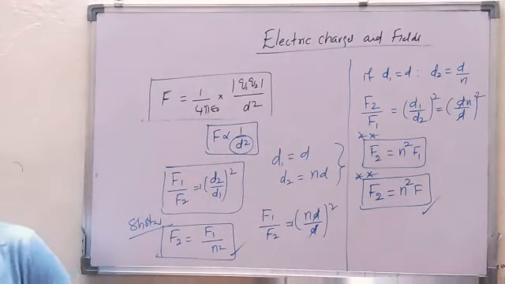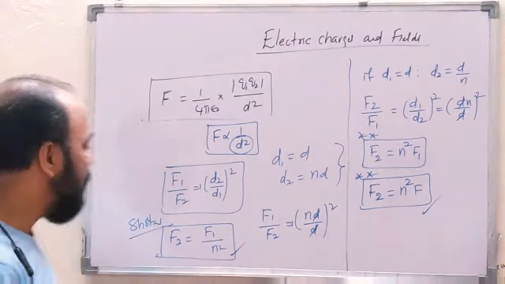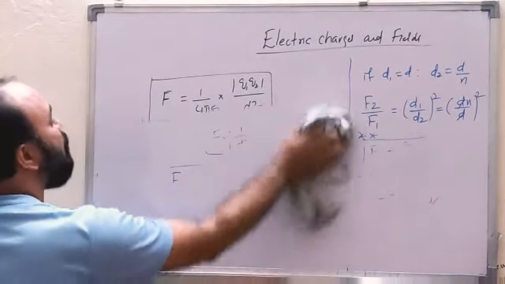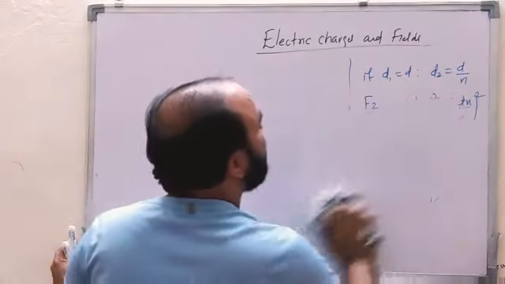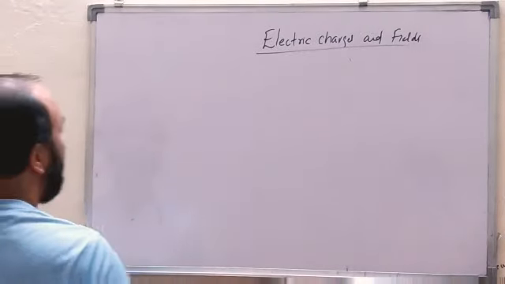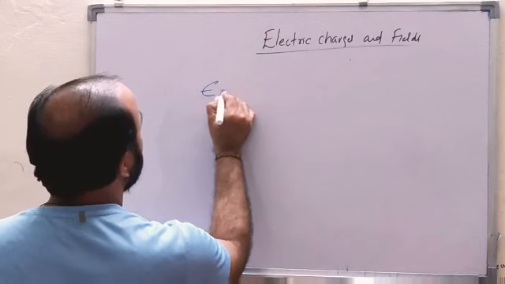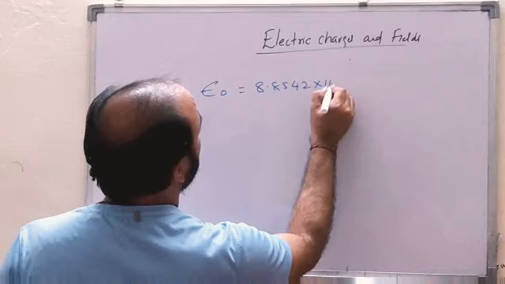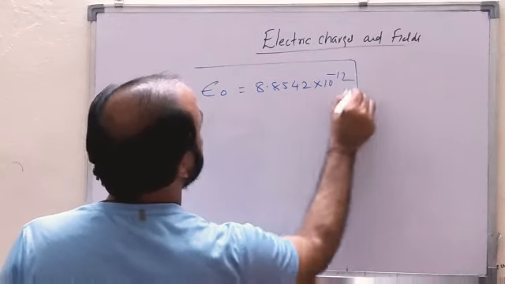Now see, here we have epsilon naught. Epsilon naught is called permittivity, the permittivity of free space. This value is 8.8542 into 10 power minus 12. This is a constant.